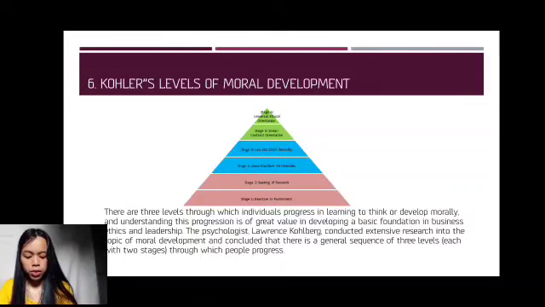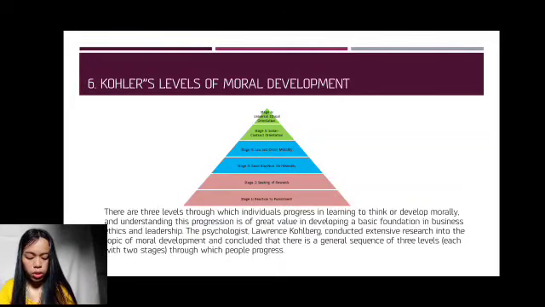Kohlberg's levels of moral development. There are 3 levels through which individuals progress in learning to think or develop morally, and understanding this progression is of great value in developing a basic foundation in business ethics and leadership.